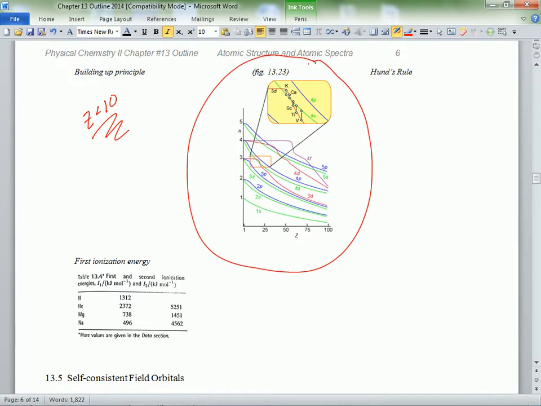Hund's rule, right? Which one is a lower energy? Which one? Ricky, which one? I think it's the one on top. Exactly.